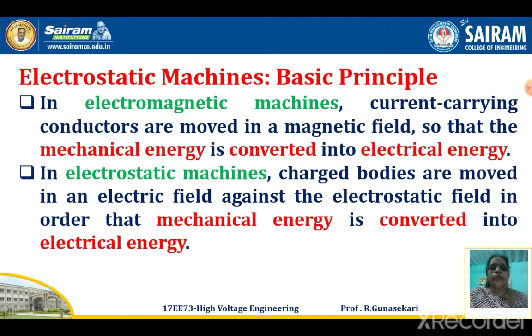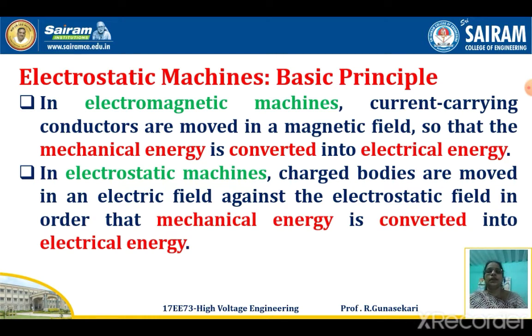Now we studied the basic principle of electrostatic machines. Two types of machine are there: one is electromagnetic machines, another is electrostatic machines. In electromagnetic machines, current carrying conductors are moved in a magnetic field so that mechanical energy is converted into electrical energy.